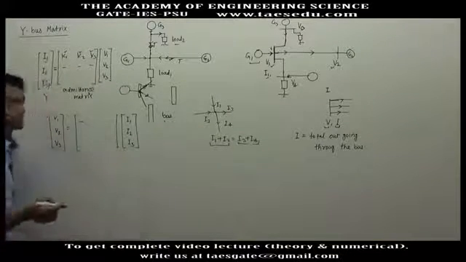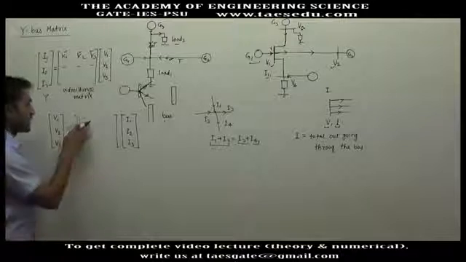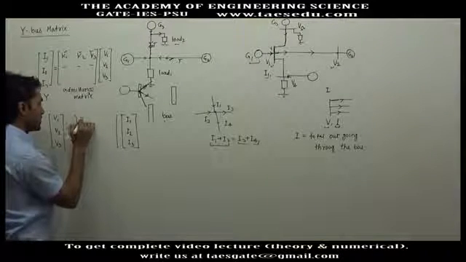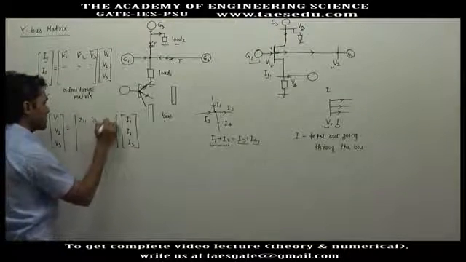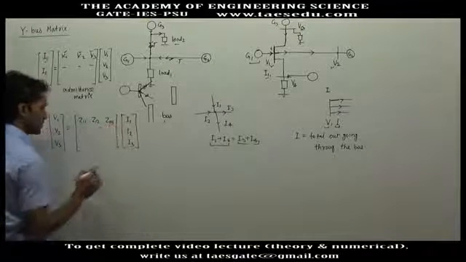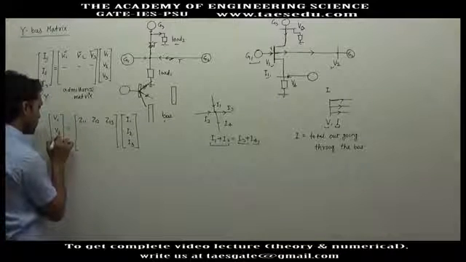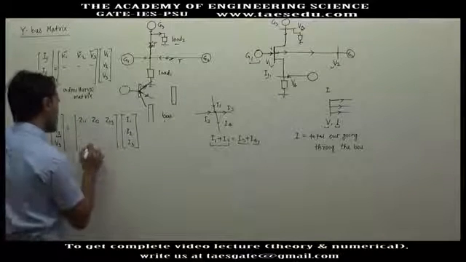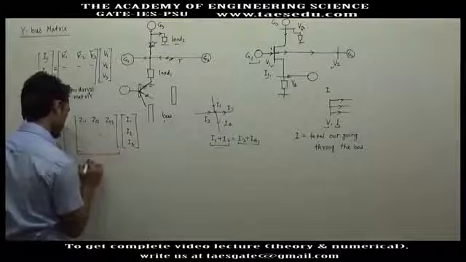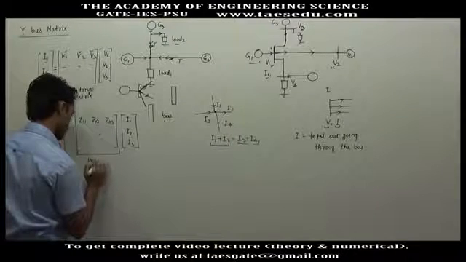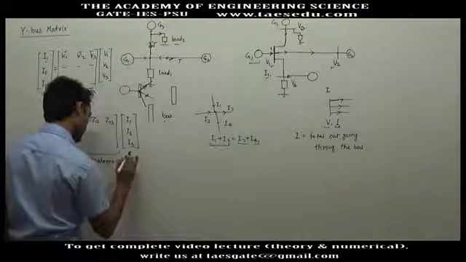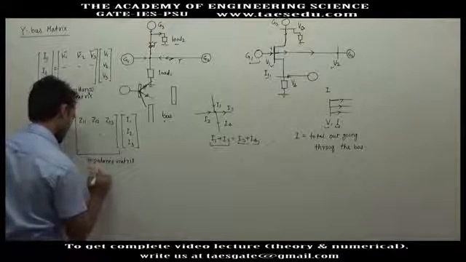The unit of those constants will be impedance. So it is better to write Z11, Z12, Z13. Similarly, there will be some constants for V2. So this matrix will be called the impedance matrix, or Z-bus matrix.